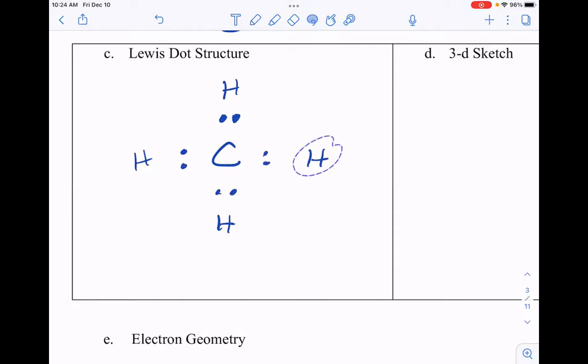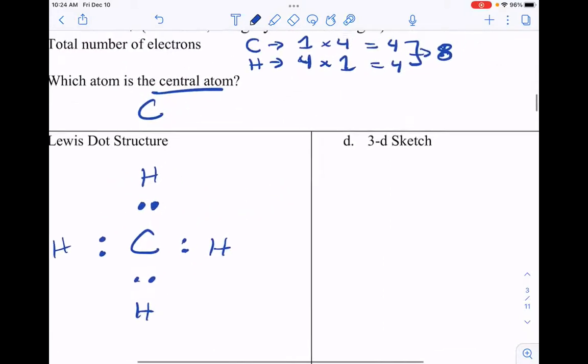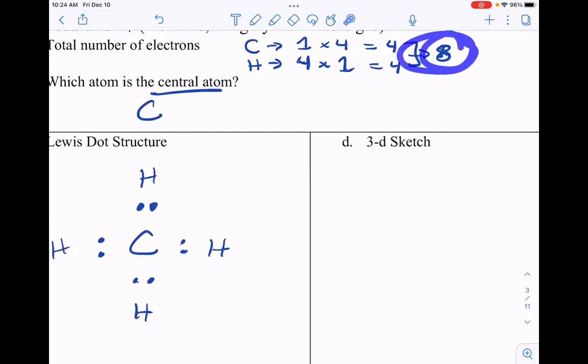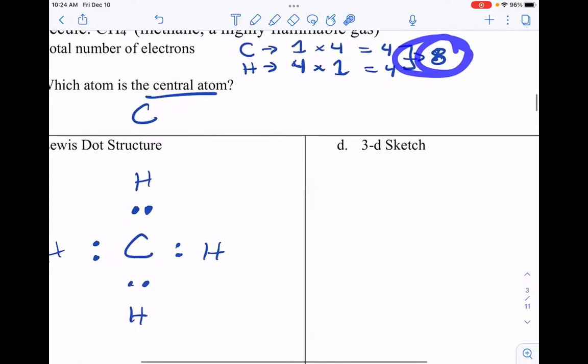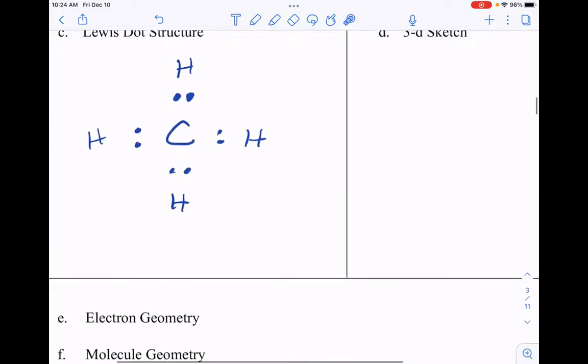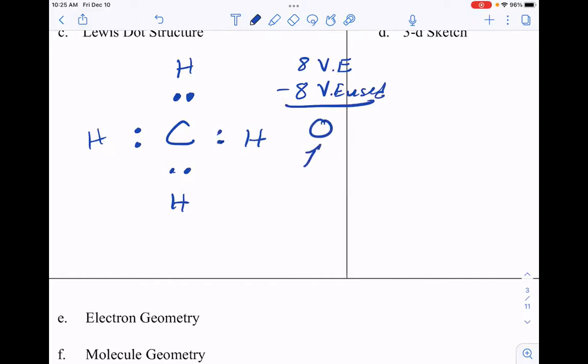And so to connect all of the hydrogen atoms to carbon, we had to use up the maximum number of valence electrons that we calculated. And so here we have 8 valence electrons minus 8 valence electrons used. So this calculation tells us that there is no lone pairs.